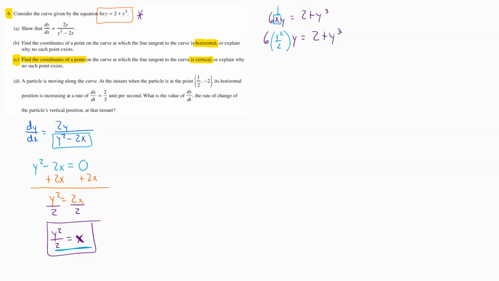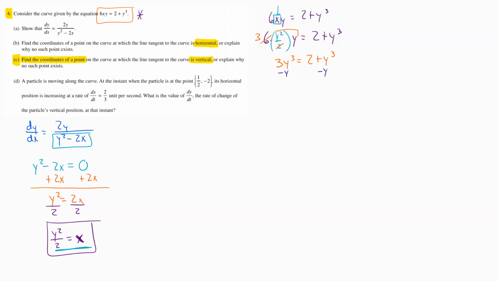Now we want to solve this equation to get y by itself, so we'll just start cleaning it up. This 6 on top and this 2 on bottom, they're going to cancel. That'll leave me with a 3 right here. And then y squared times y is going to get me y cubed. So we end up with 3y cubed equals 2 plus y to the third. We'll go ahead and collect all those y cubes together on one side.